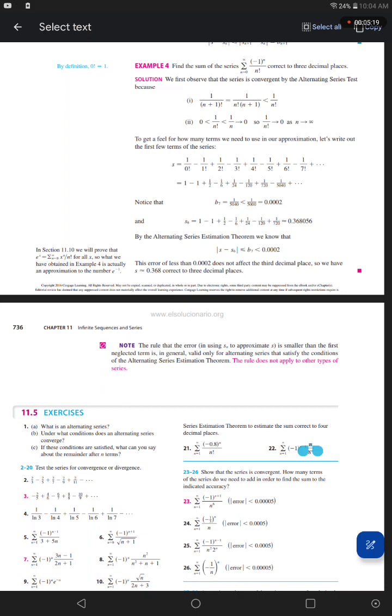So what we have obtained in example 4 is actually an approximation to the number e to the power -1.